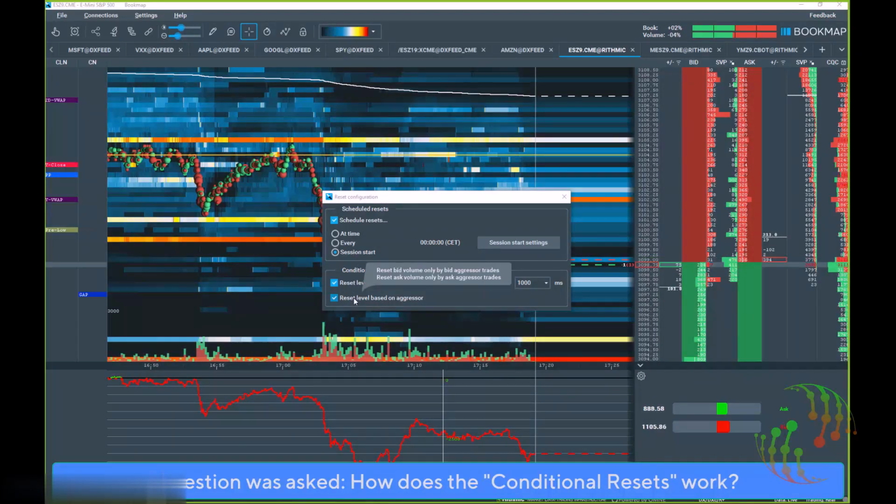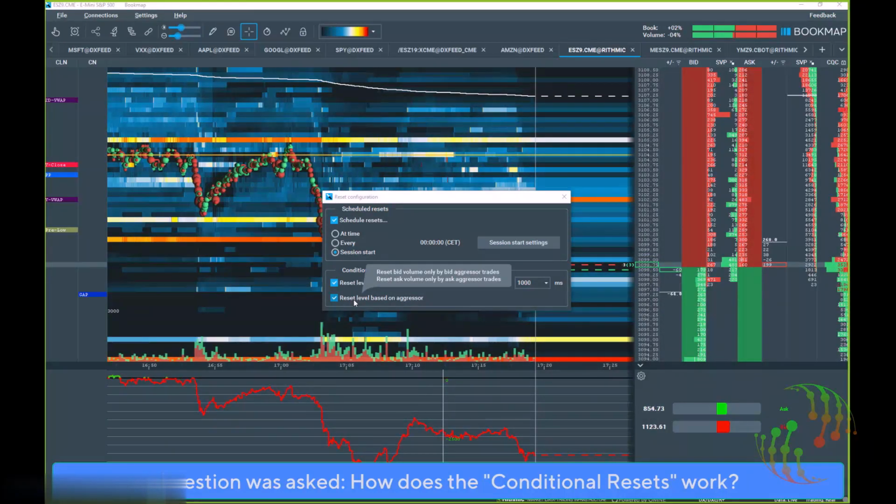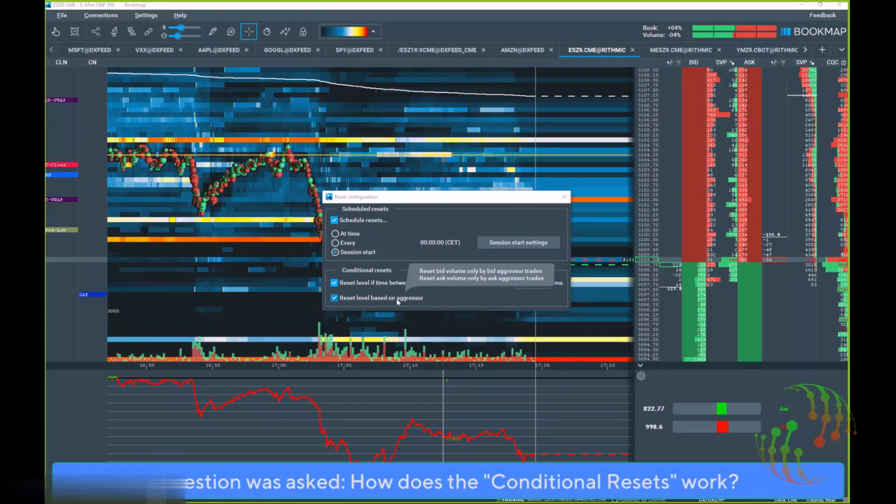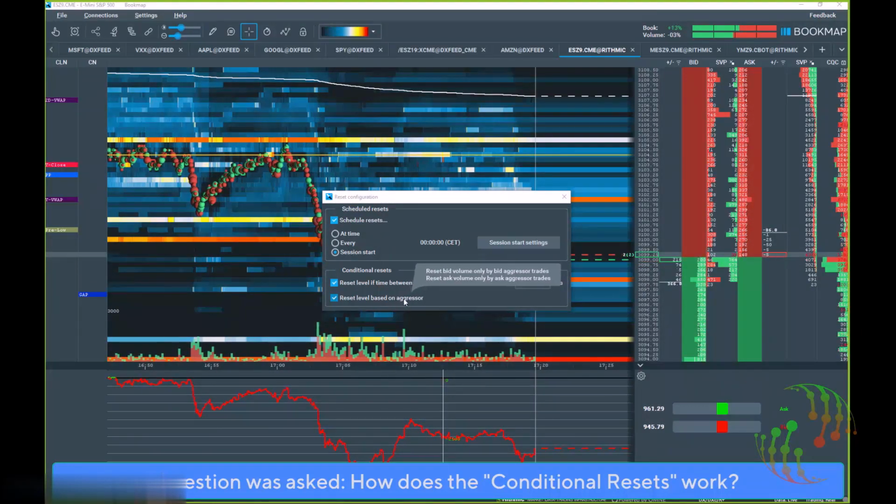That means when the aggressor changes his side from buy to sell, for example, then the condition is true, or the condition resets. So reset level based on the aggressor means when the aggressor changes his side, when he goes from buy to sell, or vice versa, from sell to buy.